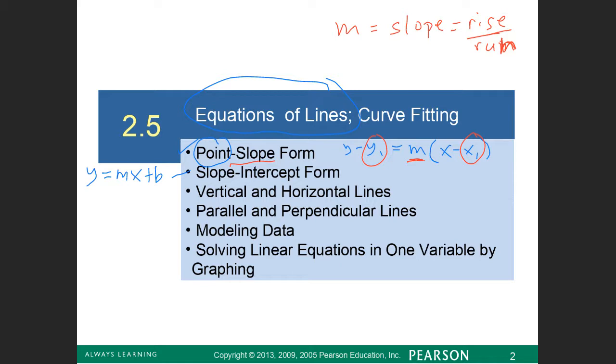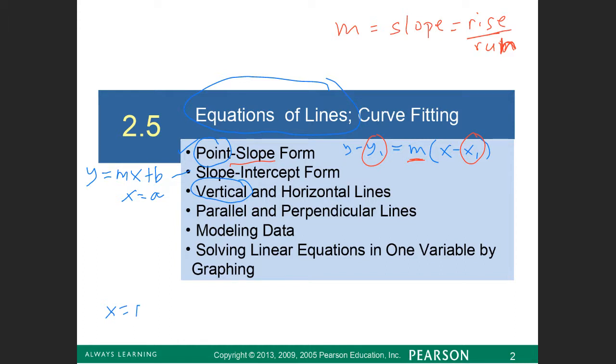Now for vertical lines, this is in the form of x is equal to a. One example for this is x is equal to 1.